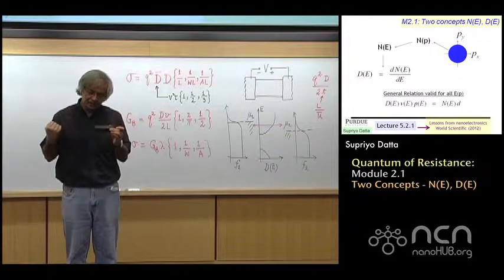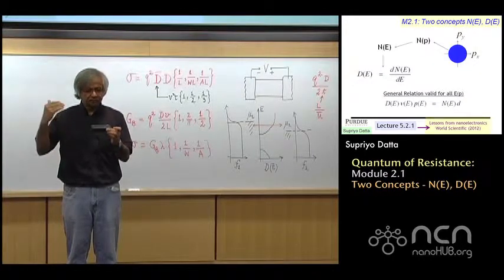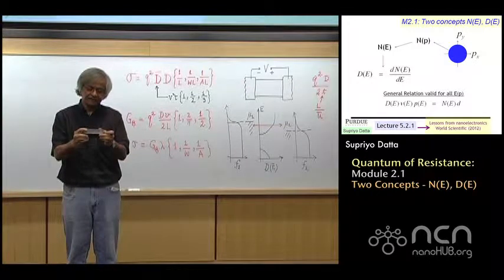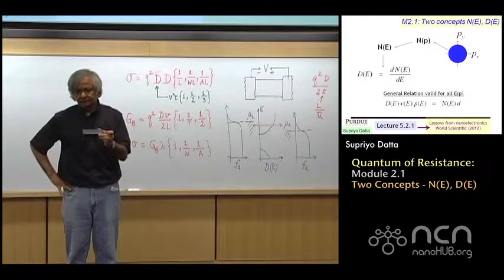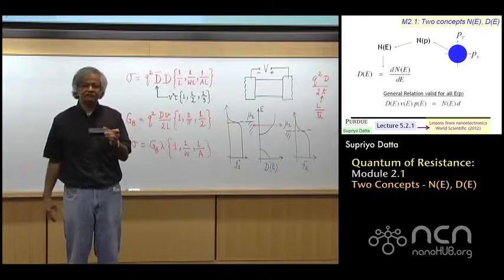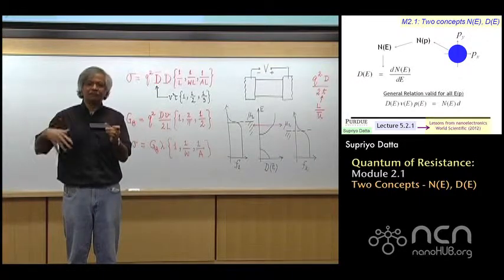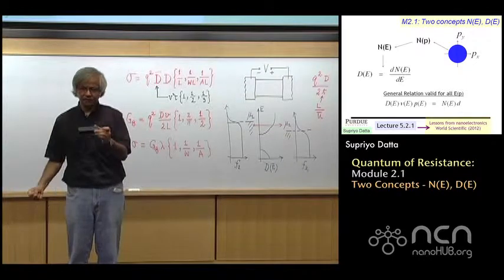But one of the important insights that people got very early, back in the 30s and 40s, is that electrons moving through a solid behave almost as if they're moving in vacuum, but with a somewhat different mass or a different energy momentum relationship.